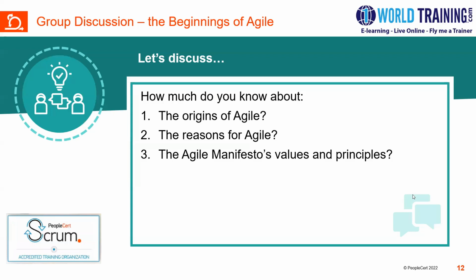So Agile was an outcome of that. And talking about the Agile Manifesto and values, we will talk in detail about the 4 values and 12 principles laid down in the Agile Manifesto. We will discuss these values and principles in a minute from now in detail.